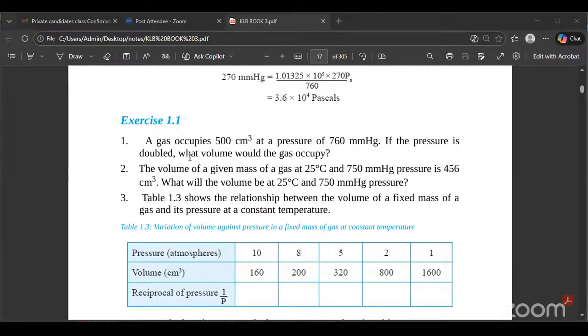So I wanted us to do maybe 2 examples each. That is, we do one for Boyle's law, and 2 examples for Charles' law. We do interconversion between the Kelvin scale, that is the absolute scale, and the degree Celsius scale.